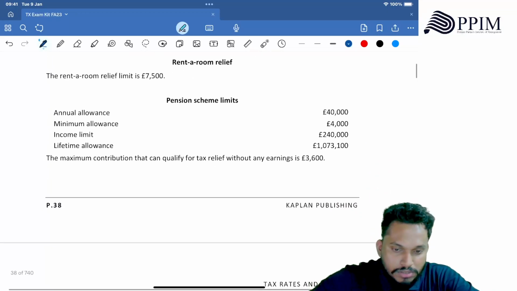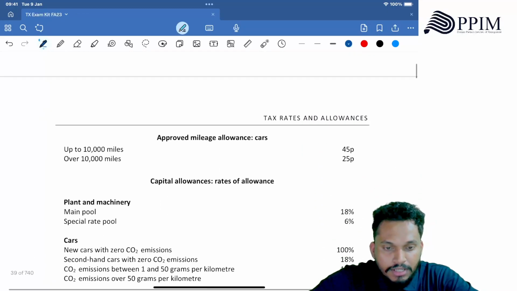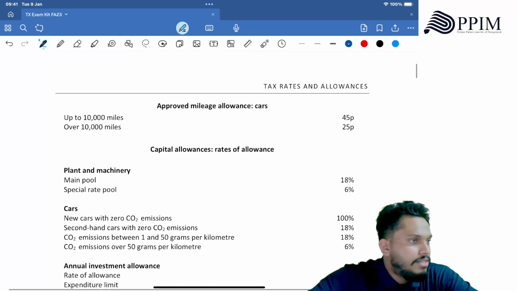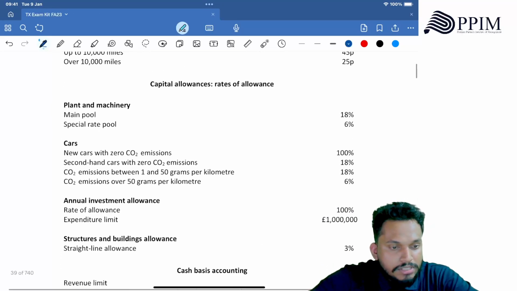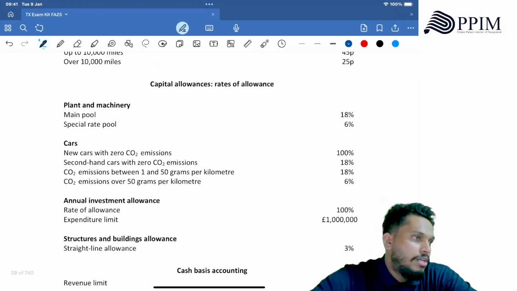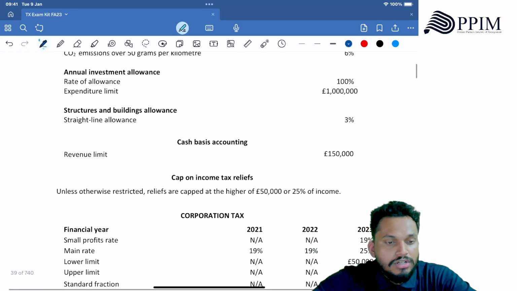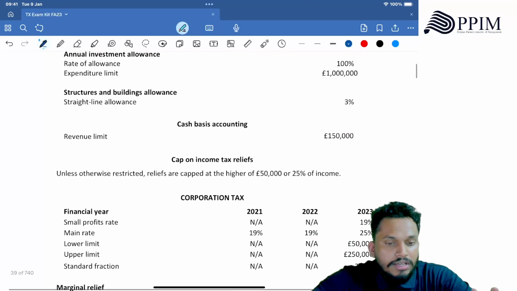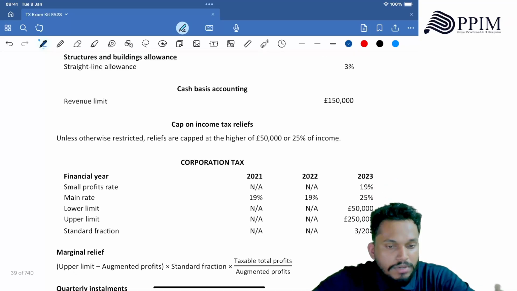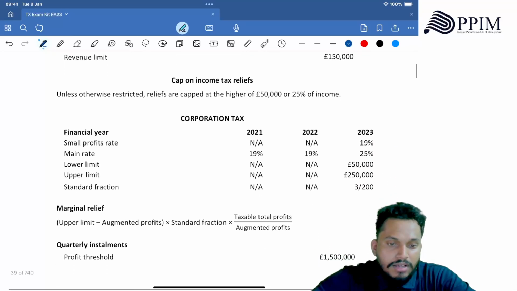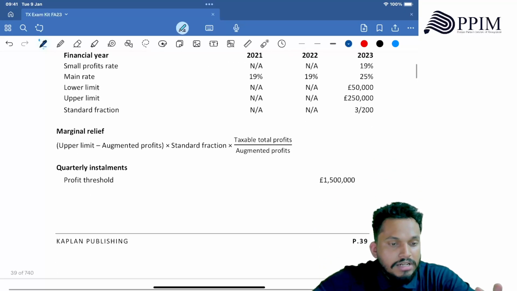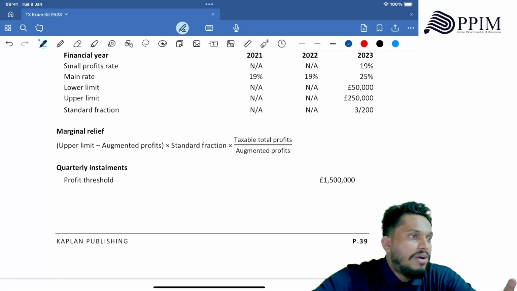Then approved mileage for cars, capital allowances percentage for main pool and special rate pool. So annual investment allowance, structures and buildings allowance, cash basis accounting, the revenue limits, the cap on income tax reliefs is given.